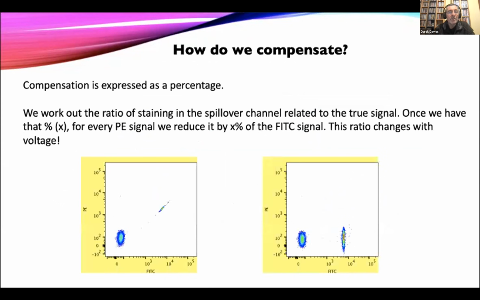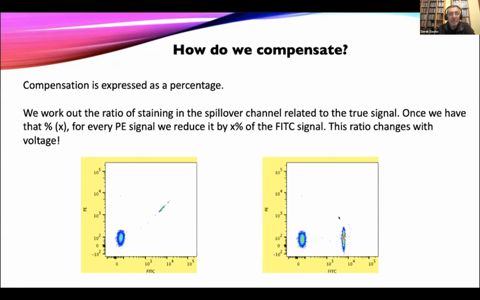And as we discussed in a previous webinar, so I'm not going to go into this in great detail here, compensation is generally expressed as a percentage. What we do is we look at the signal that we're getting in our FITC channel for each cell or each event that goes through the cytometer, and we look at the signal for that same event in the PE channel, and we work out what that ratio is. That then allows us to calculate a percentage, which we can apply in our compensation matrix.